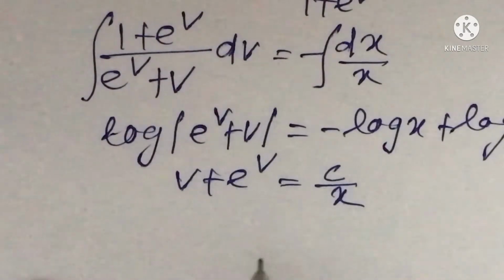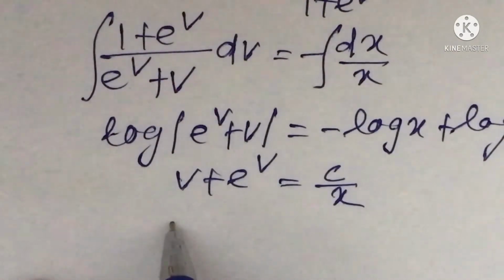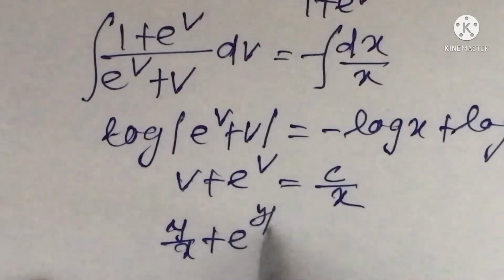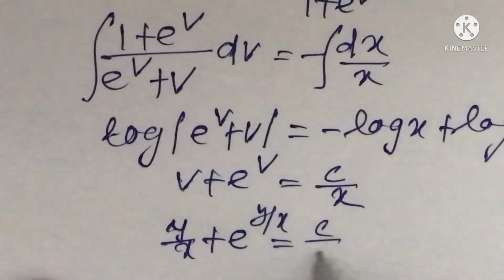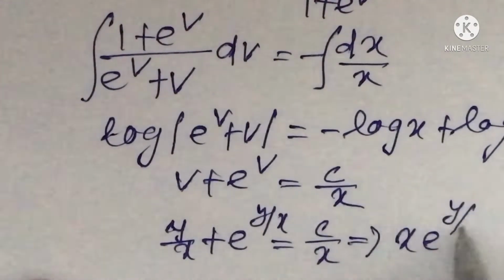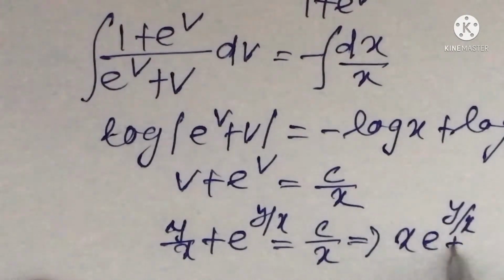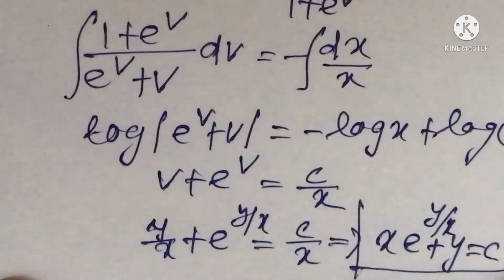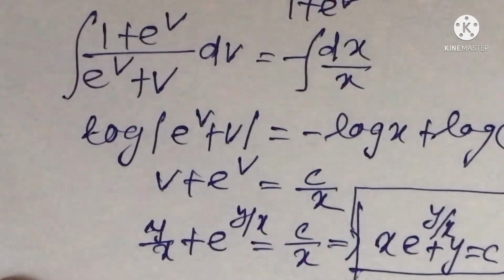The value of v is equal to y by x. We get y by x plus e to the power y by x is equal to c by x, or we get x e to the power y by x plus y is equal to c. This is the solution of this differential equation.